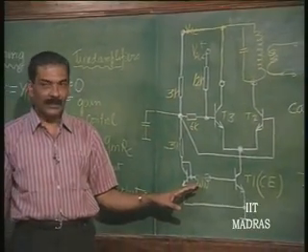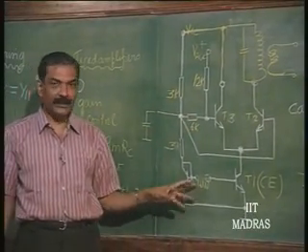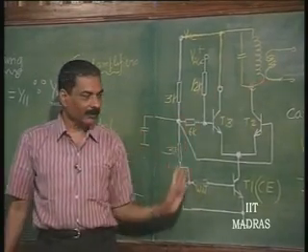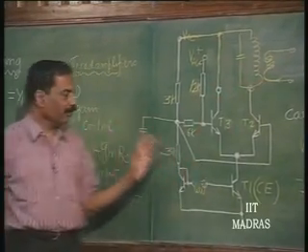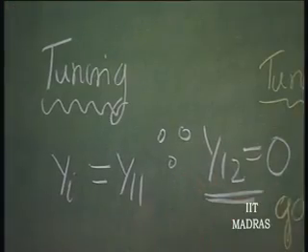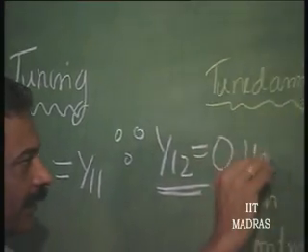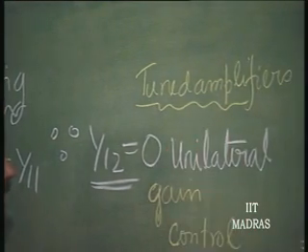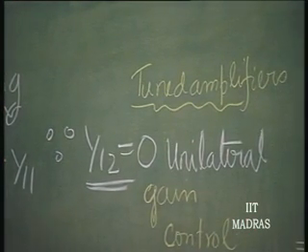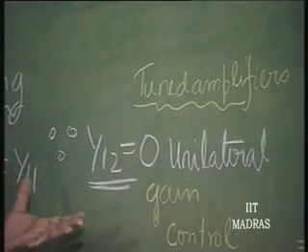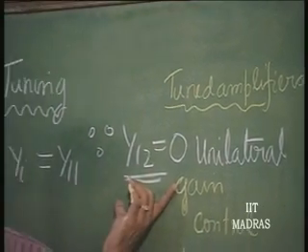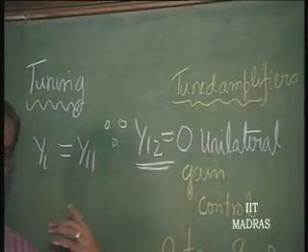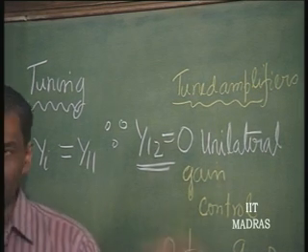Otherwise, it will be very difficult for us to tune the input independent of the output. Otherwise, output and input will start interacting with one another. Because y12 is 0, the circuit is really unilateral. This we had discussed earlier in the beginning of the course, first part. So, in any tuned amplifier, it is necessary for us to have y12 equal to 0, so we can do independent tuning of the input as well as the output.